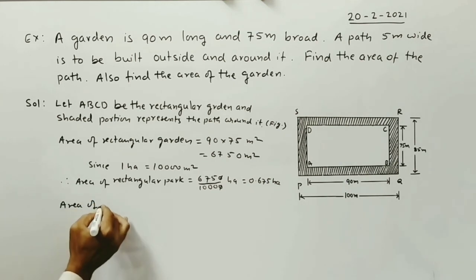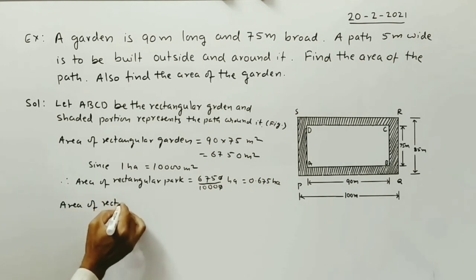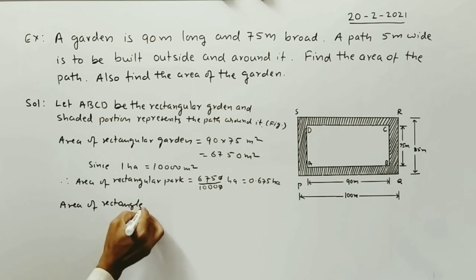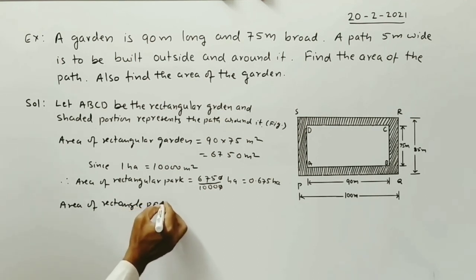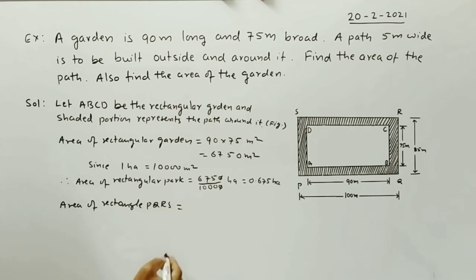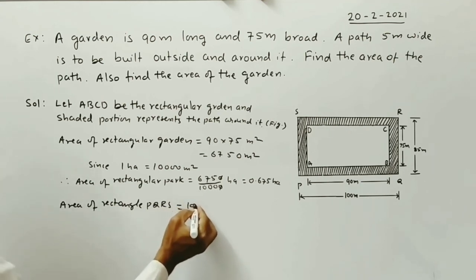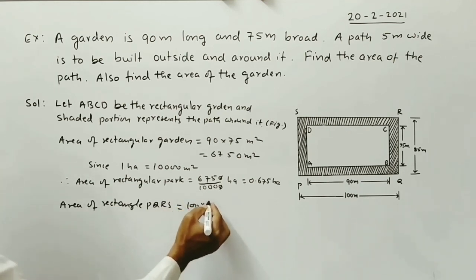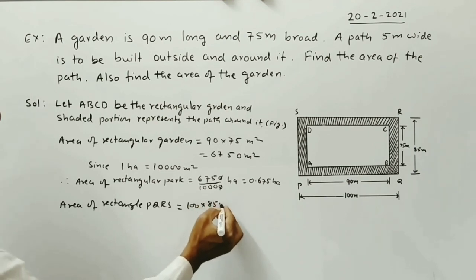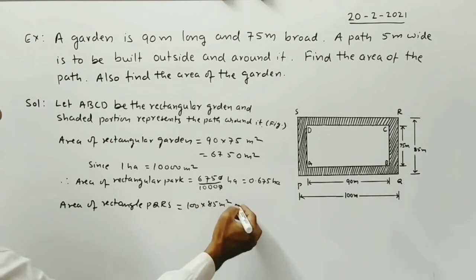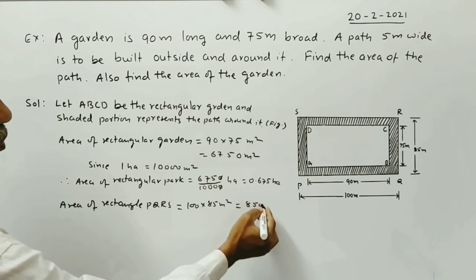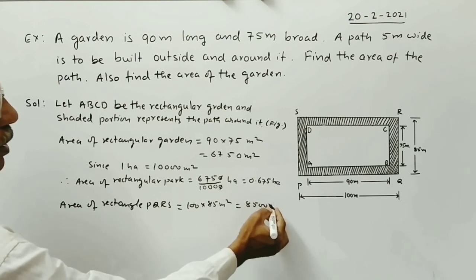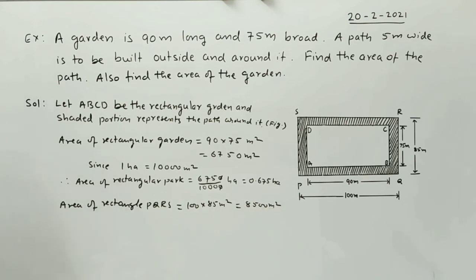Area of rectangle PQRS is equal to 100 into 85 square meter is equal to 8,500 square meter.